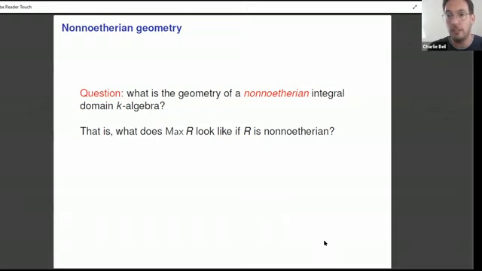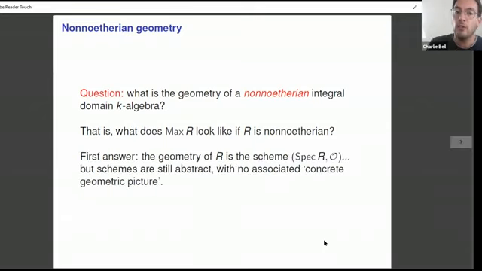in a non-Noetherian setting. And so the next part will be about this, and I'll just set up the motivation. The question is, what is the geometry of a non-Noetherian integral domain k-algebra? So if we want to have a version of a non-Noetherian coordinate ring. Of course the first answer you could say is it's just a scheme, right?